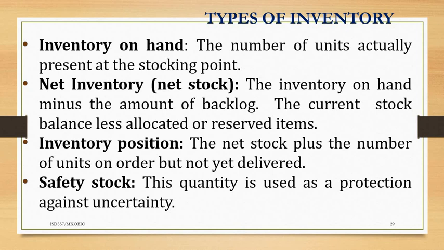The actual stock that you have is what we call the net inventory. You have the inventory position. Now, the net stock plus the number of units on order but not yet delivered. So inventory position is the net stock that you have, and then the number of units that you have ordered but haven't yet been delivered. That is what we call the inventory position.